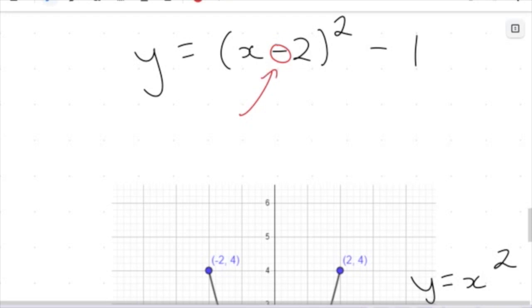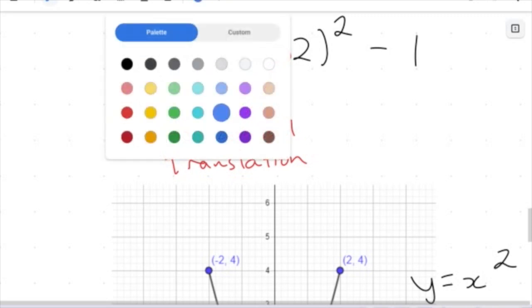And I'm going to start looking at what I have here. So this guy here, close to the x, is going to be a horizontal translation. The translation is acting on the x, it's pressed up near the x, so we know it's going to be horizontal.